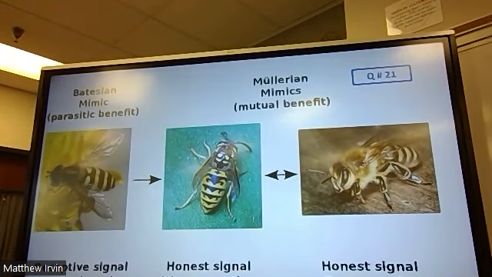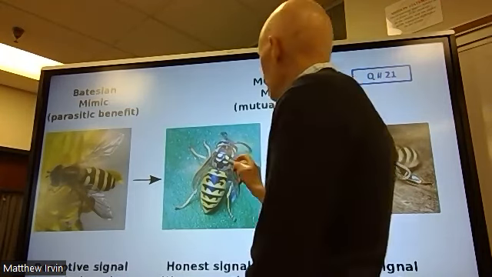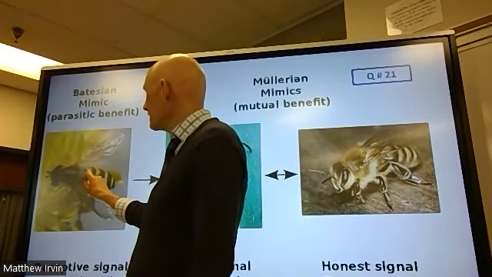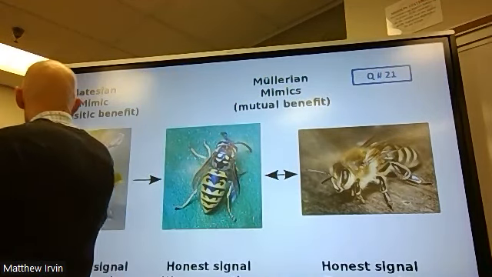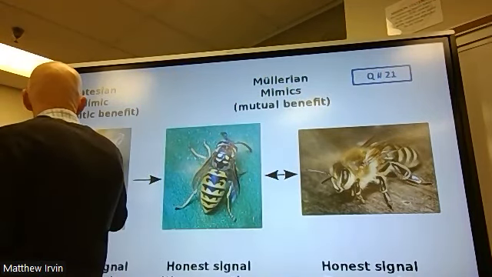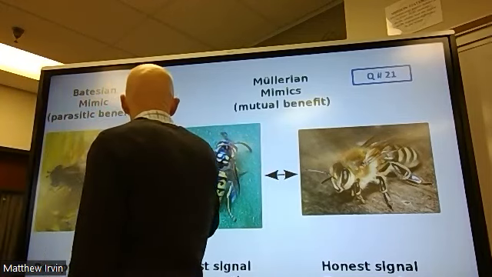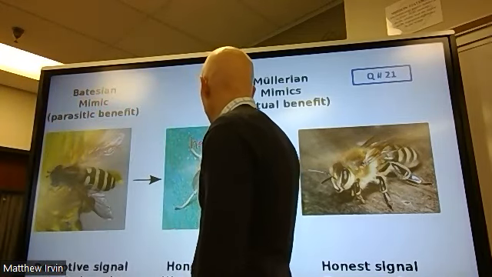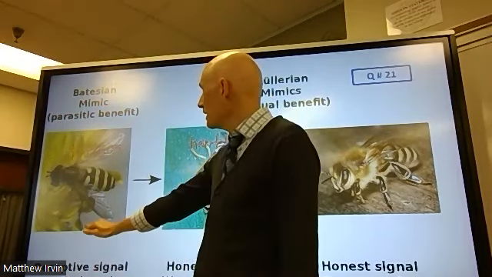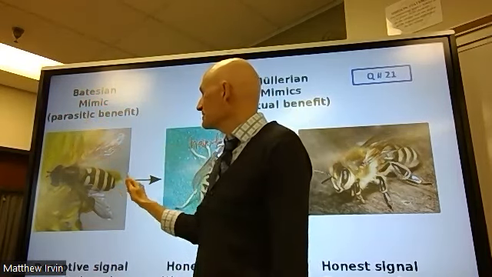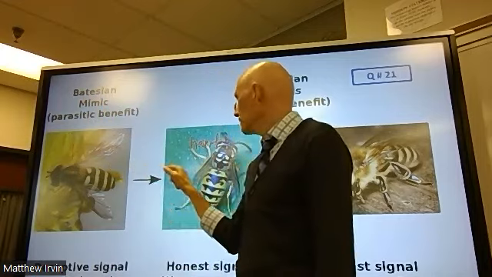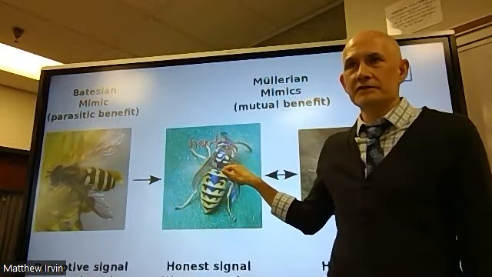Mimicry, so your Batesian mimicry, this is where you have something that is harmless looks like something that is harmful. Sometimes that's called parasitic because it's beneficial for this, but not beneficial for this.